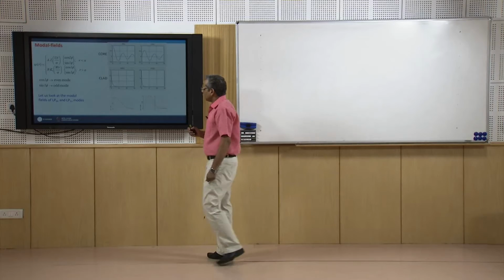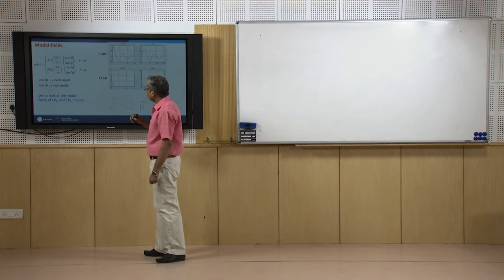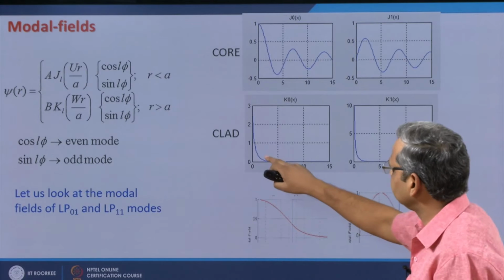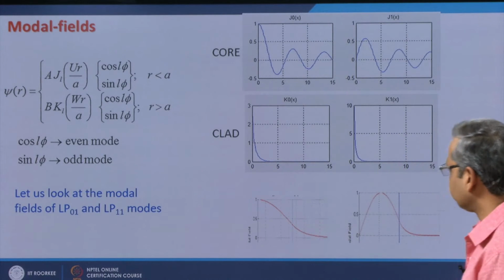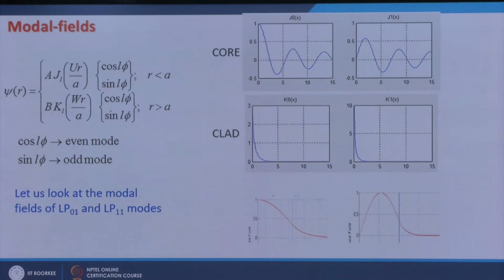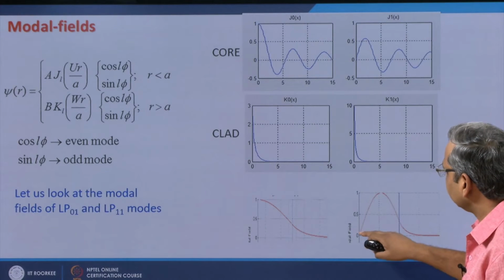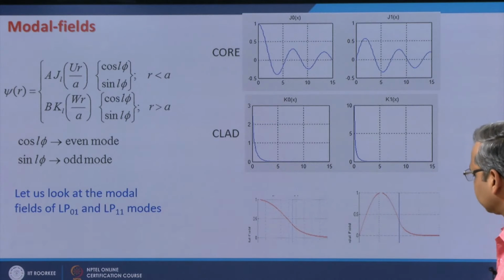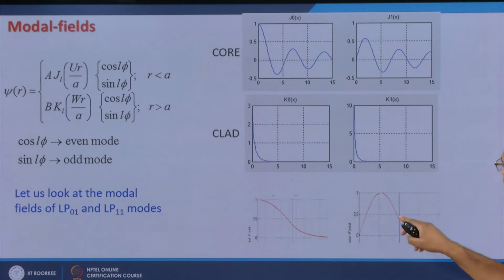So, for the LP01 mode in the core the field will go like this, and in the cladding this function will take over. For the LP11 mode the field in the core would be given by J1, so it would go like this without any 0 except a 0 at R equal to 0, and then this K1 function will take over. So, this is how the radial part of the modal fields would look like.